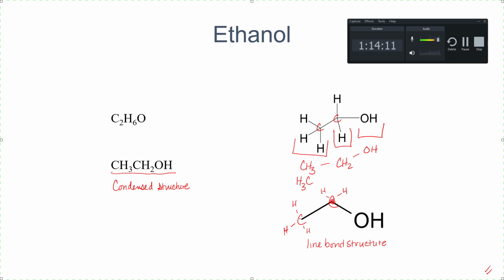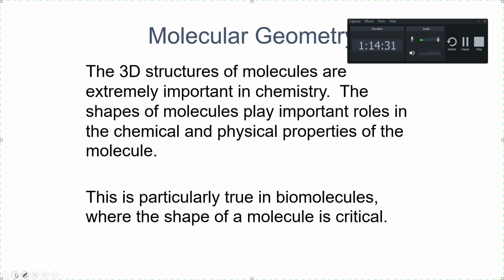So end of line, intersection of line, carbons, add enough hydrogens to give you 4, and only 4 bonds. Okay, so that's how we draw our line bond structures and how we can convert them back and forth. You'll get better at this as we go along.